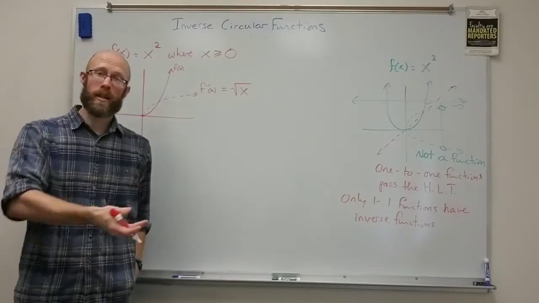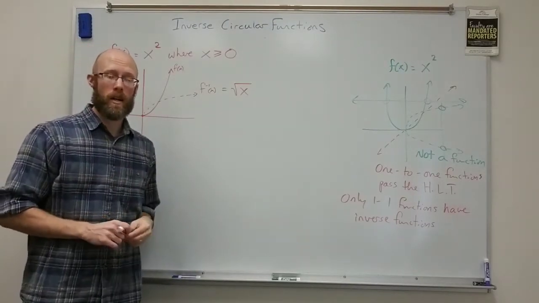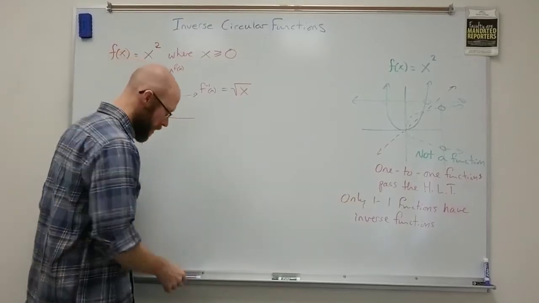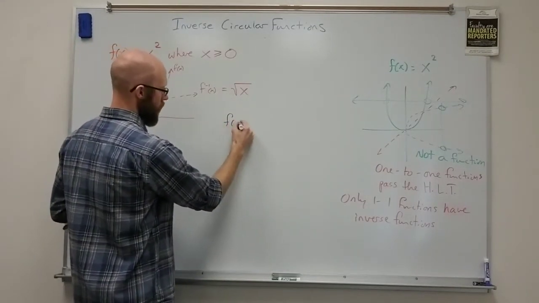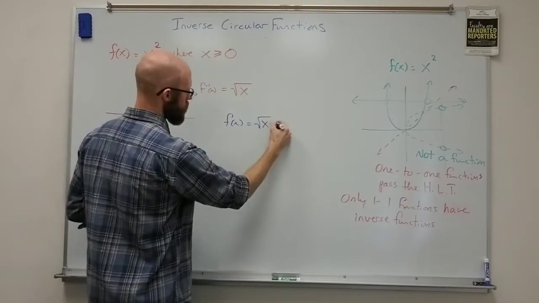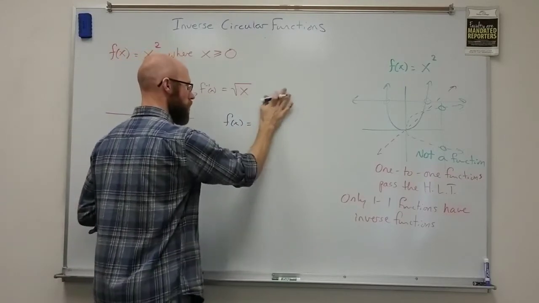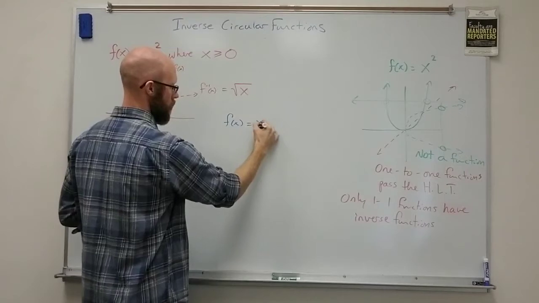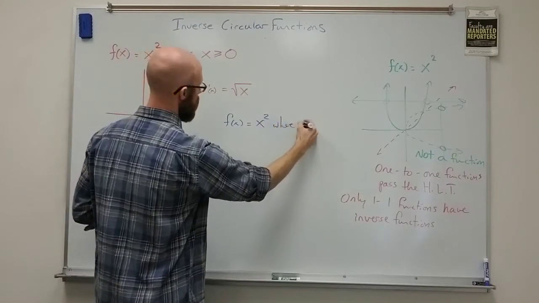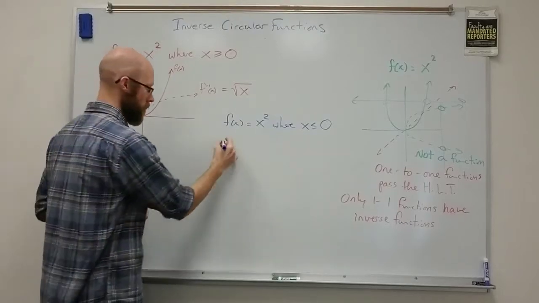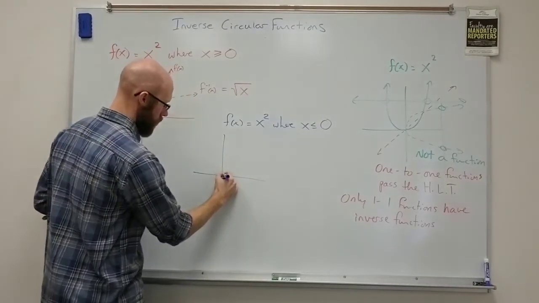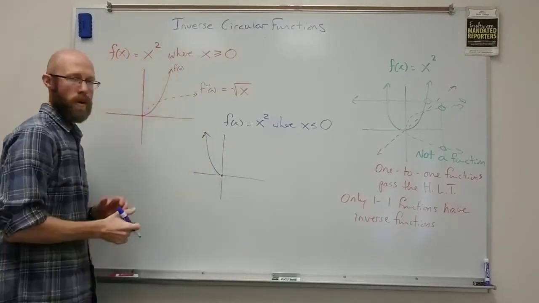In fact, if we wanted the other side of the parabola, we could create the function for that as well. We could say that f of x equals x squared, where x is less than or equal to 0, that gives us the left side of the graph.